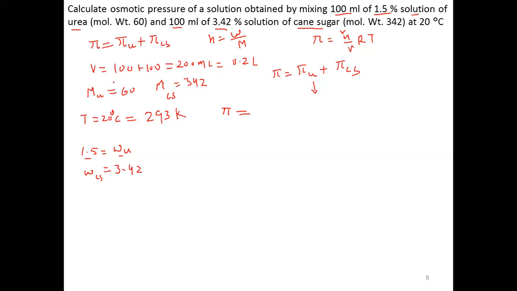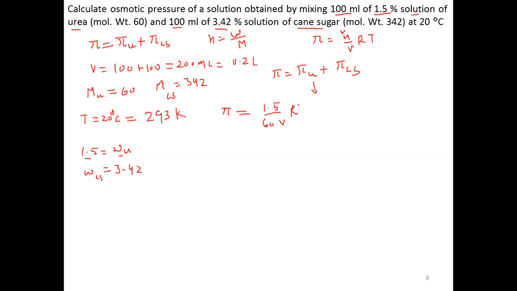From percent we get the weight, and the volume is 100 plus 100, which is 200 ml. Now let us see pi urea. It is 1.5 divided by 60 into V. I will put the value of V later. V is the volume of the solution.